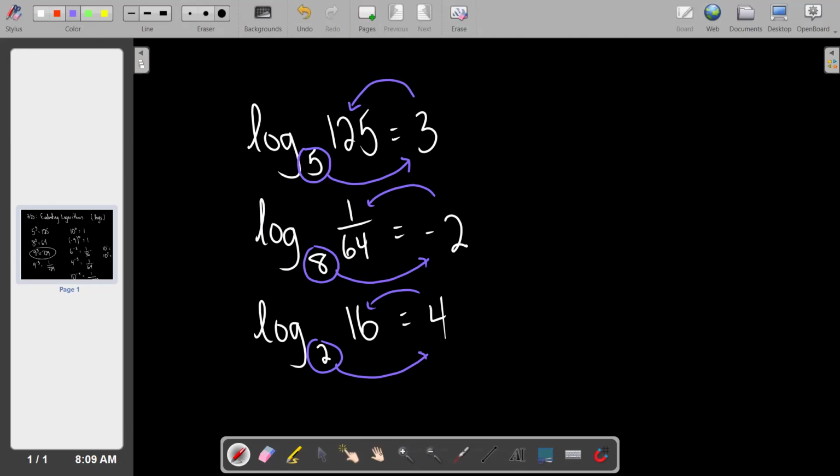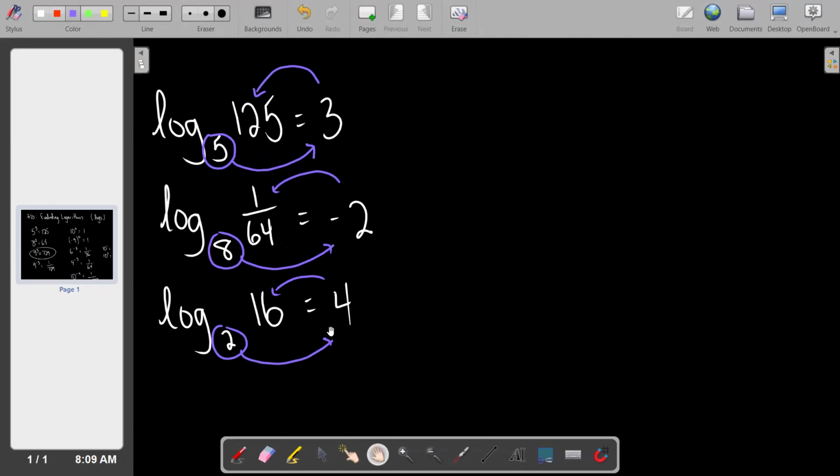So these are called logarithmic equations. Let's take a look at their related exponential equations. So if I were to justify myself for the first one, I could say what Parker said, that 5 raised to the power of 3 equals 125. Logarithmic on the left, exponential on the right.